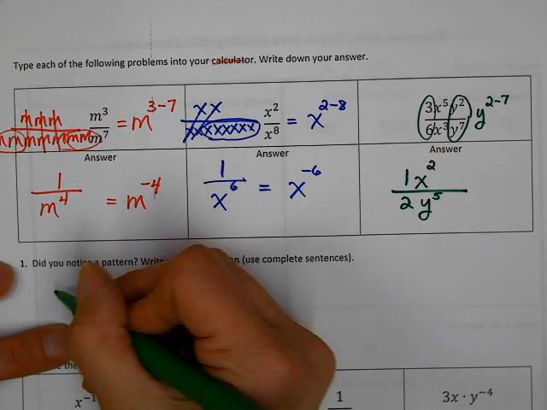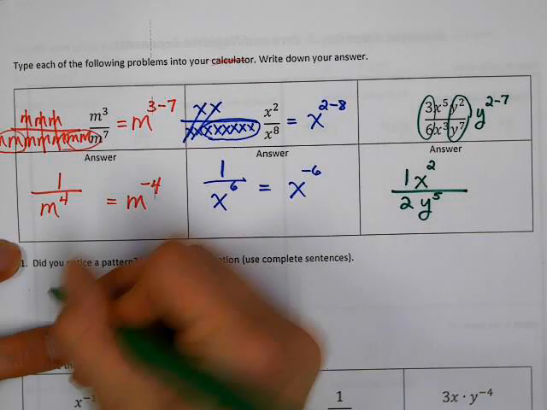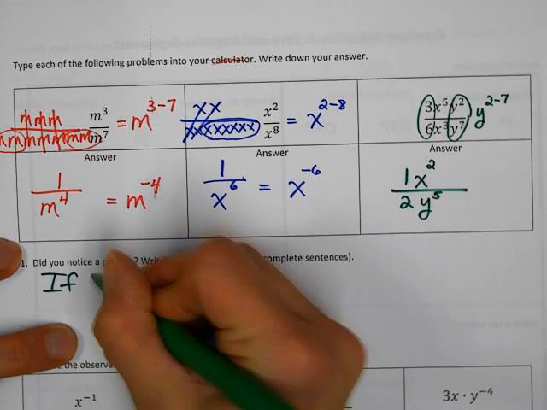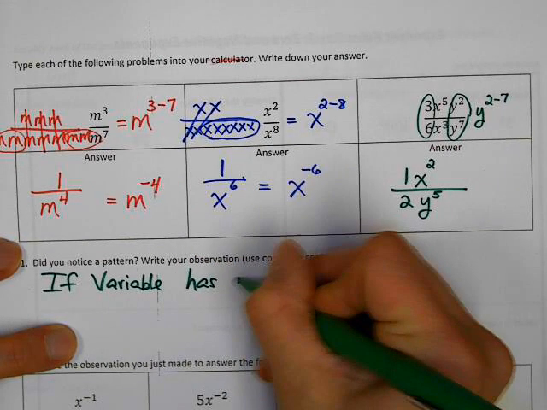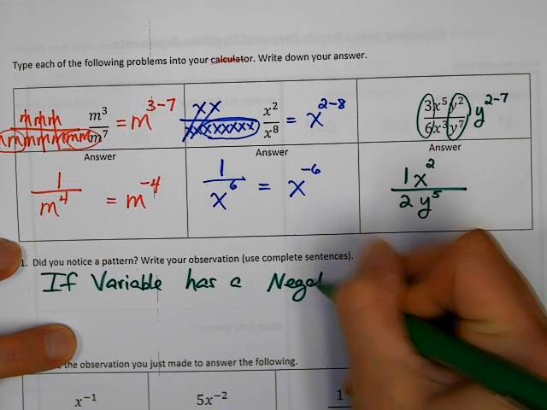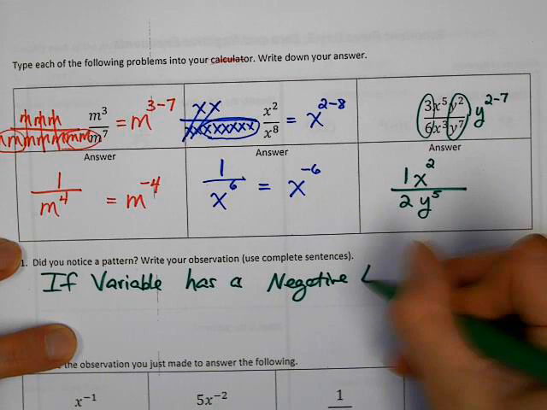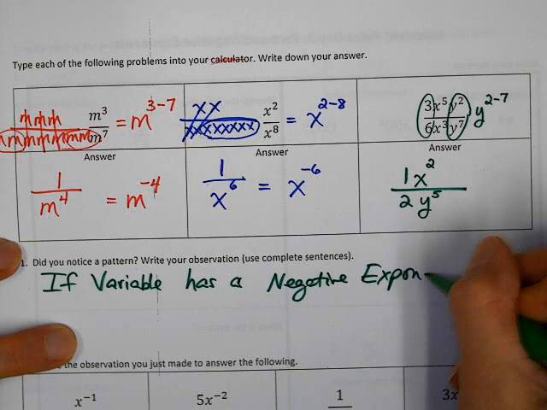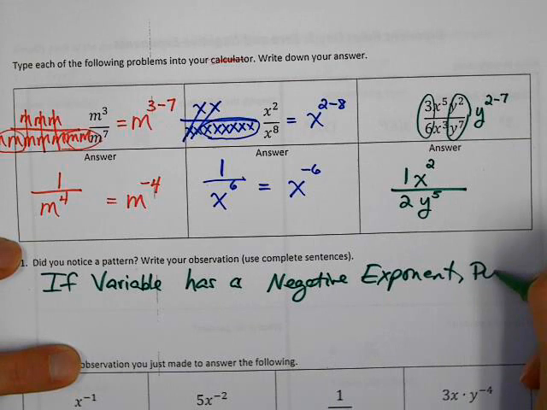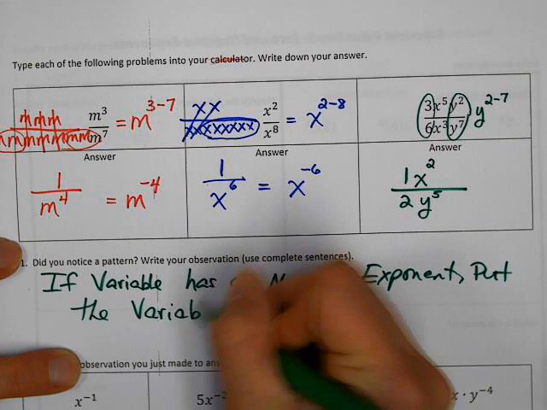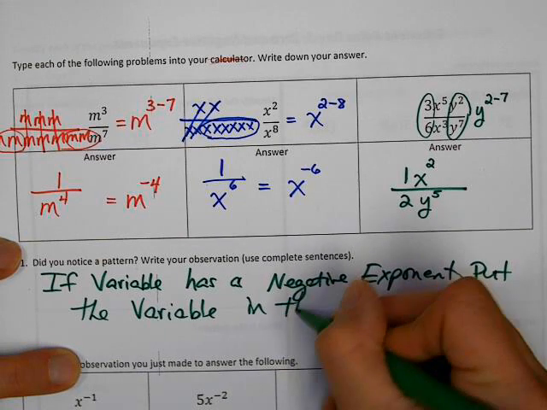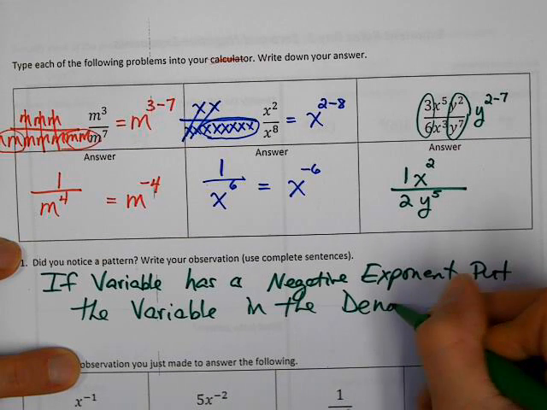Okay. If a variable has a negative exponent, put the variable in the denominator.